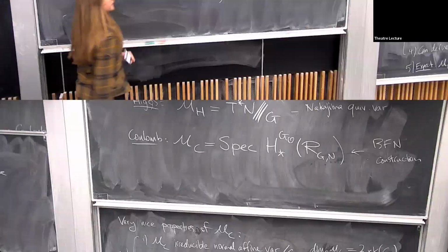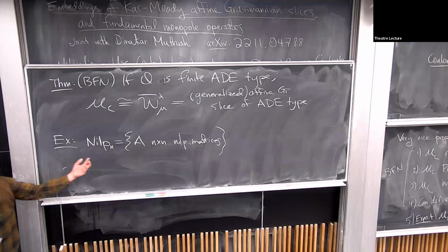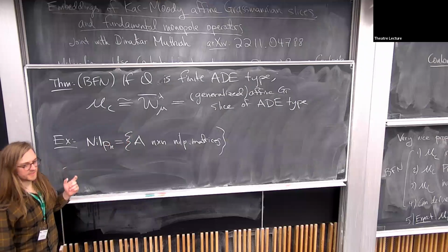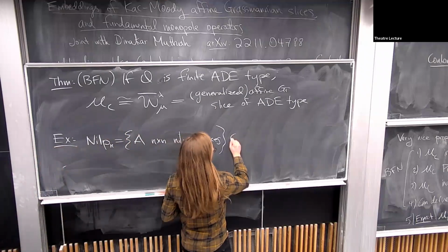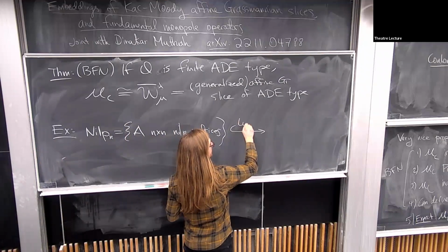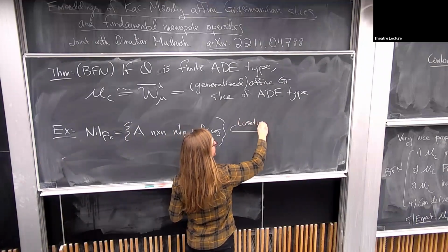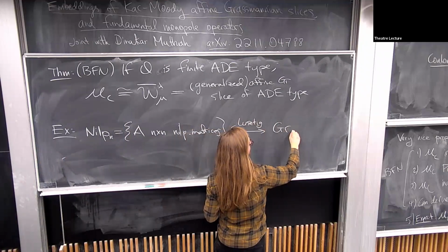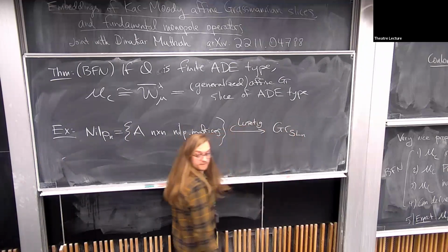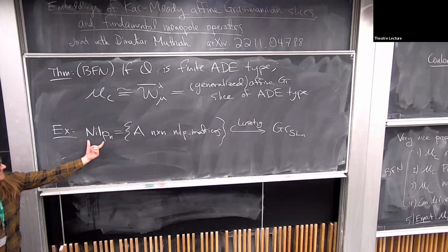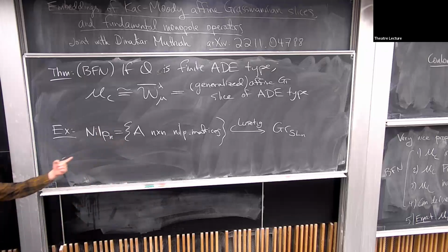Well, if you're not familiar with the story, it may not sound like something to do with the affine Grassmannian, but there's this very nice embedding, which embeds this thing into the affine Grassmannian of, say, SL_n. And in fact, identifies this with an affine Grassmannian slice.